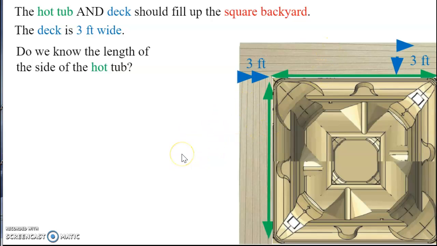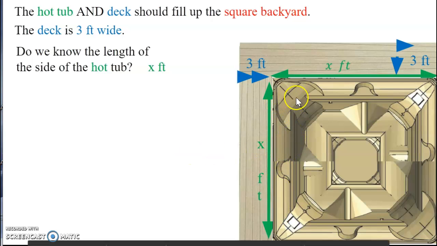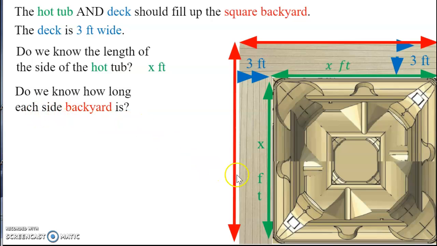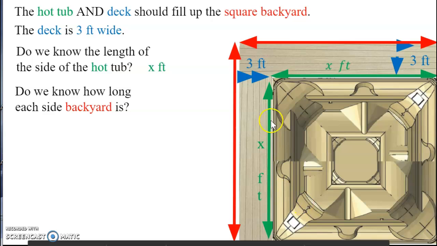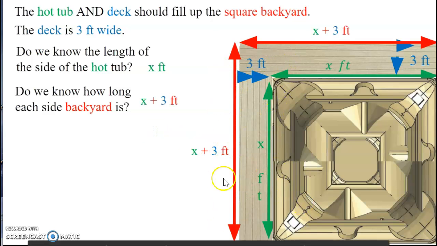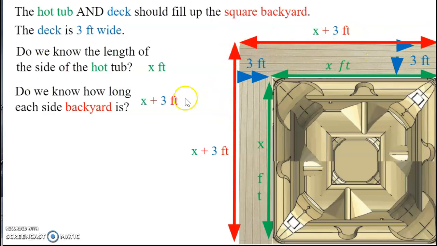Do we know the total length? Well, no. The hot tub is going to have the dimension of X and X, because that's what we're trying to find. So the length of the tub plus the deck is going to be X plus 3 in this direction, and X plus 3 in the horizontal direction.